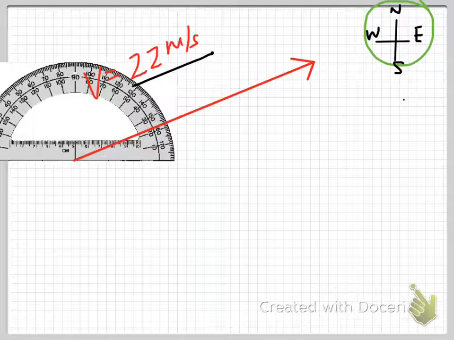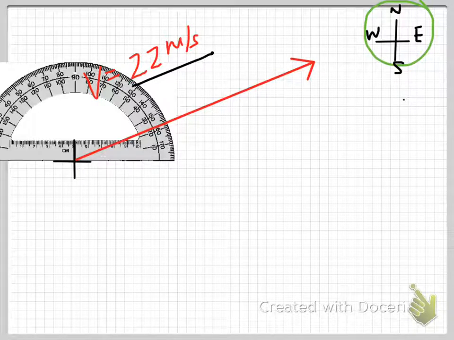So what we do when we are looking at a vector like this that doesn't neatly fall into north and south configurations is we put this little imaginary compass rose right at the beginning of our vector diagram. And when we line up that little compass rose, we can then look at, on a protractor, where this vector falls with relationship to the four cardinal directions, or to up and down or left and right.